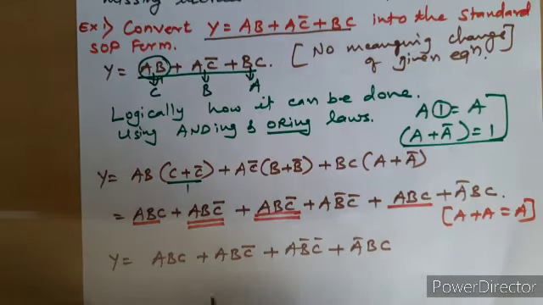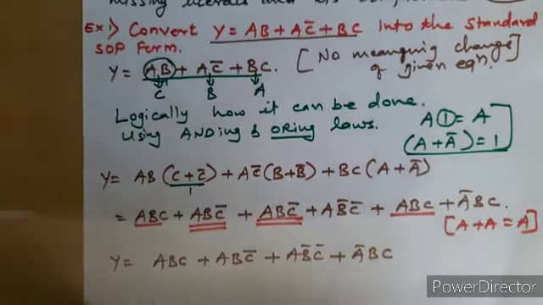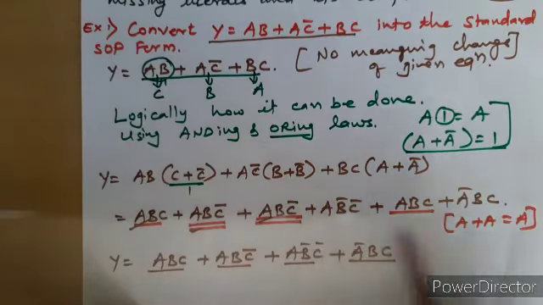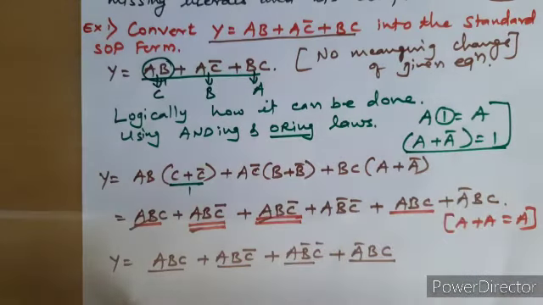How many terms now are we having? 1, 2, 3, 4. This is 1, this is 2, this is 3 and this is 4.